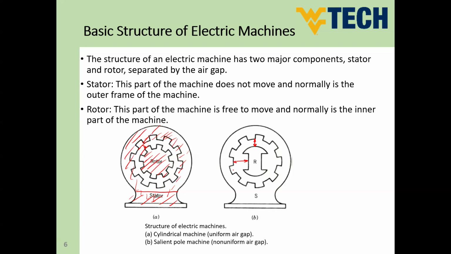In this case, we say that the air gap is not uniform, or non-uniform air gap. And in this case, we call this machine a salient pole machine. We will see all of these in the different types of machines we will discuss in our classes. Okay, so we may have uniform air gap and we may have non-uniform air gap. The uniform air gap we call the machine cylindrical machine, and the non-uniform air gap we call the machine a salient pole machine.